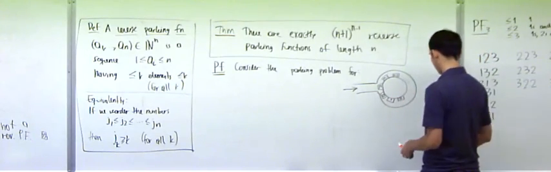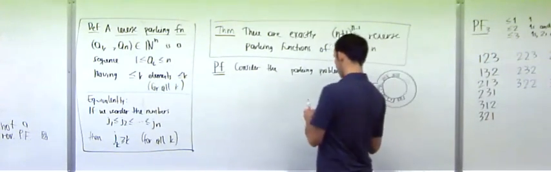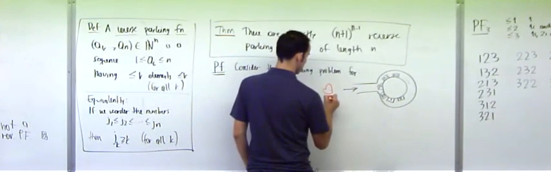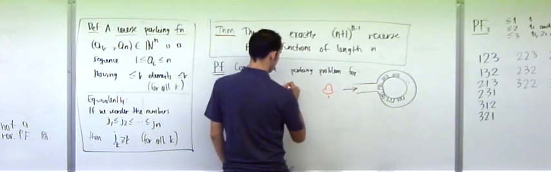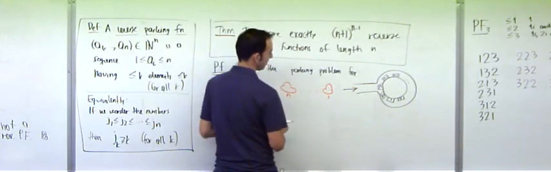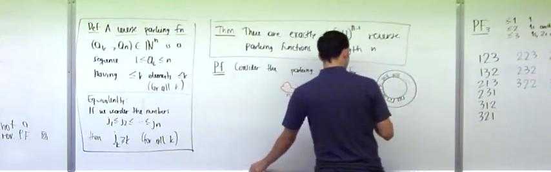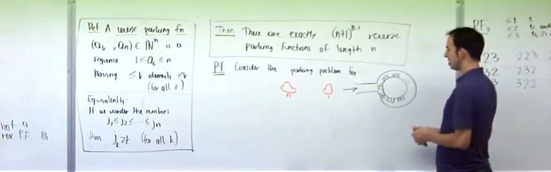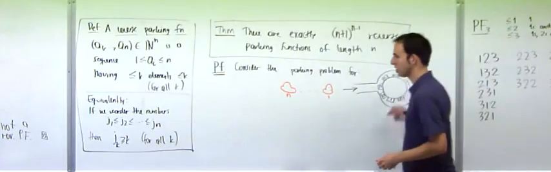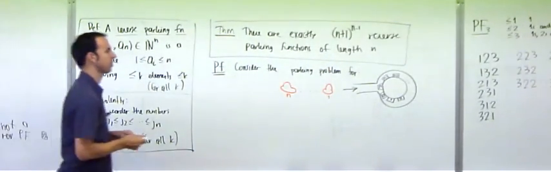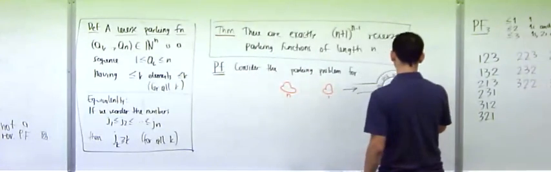So you have n cars, 1 up to n. And then these cars are going to come in, and they're going to try to park. And this is a one-way street, and it goes clockwise. So the cars can only go clockwise.